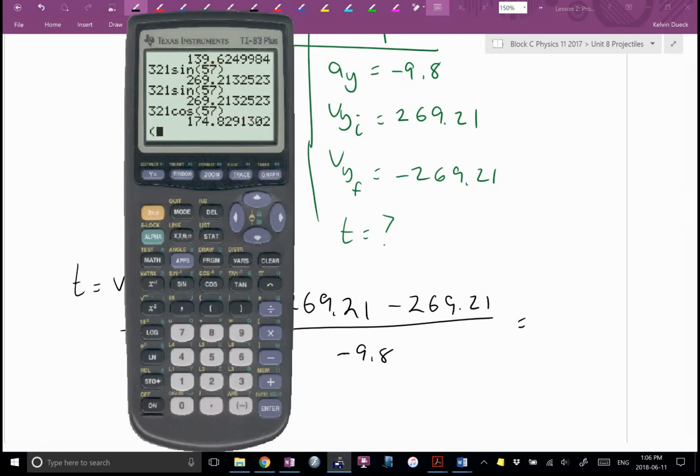Negative 269.21 take away 269.21. I get 54.941.